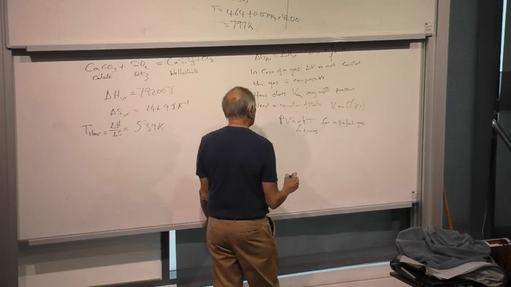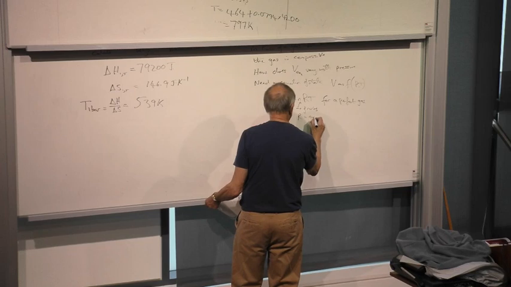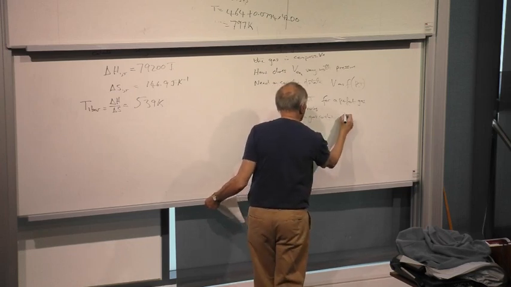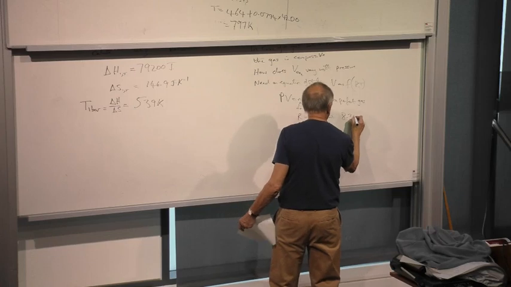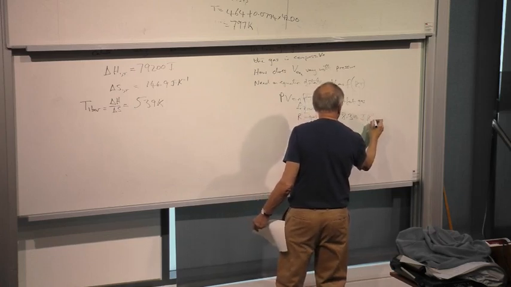R is the gas constant, which is 8.314 joules per degree per mole.